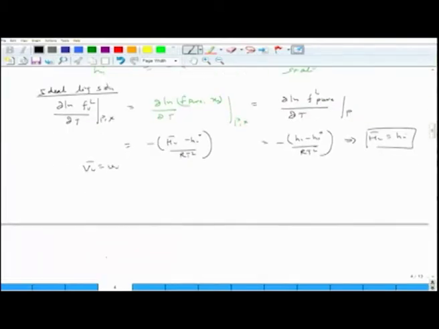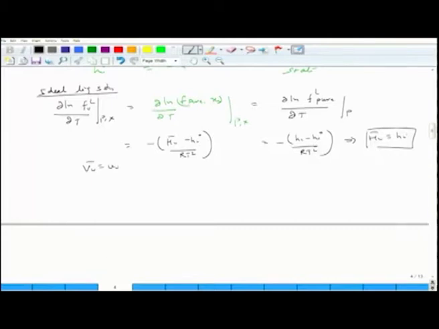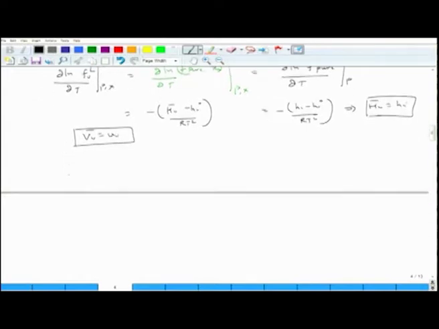So earlier we have done this exercise for ideal gas mixtures. Now we are looking at liquid solution, remember that, and in liquid solution you have this kind of property for the case of ideal conditions. So what does that mean?